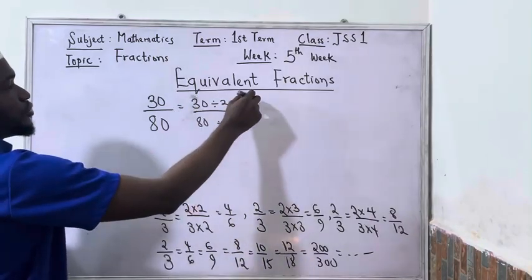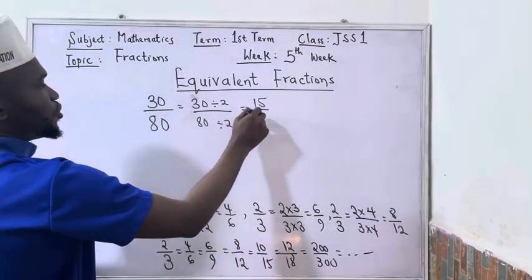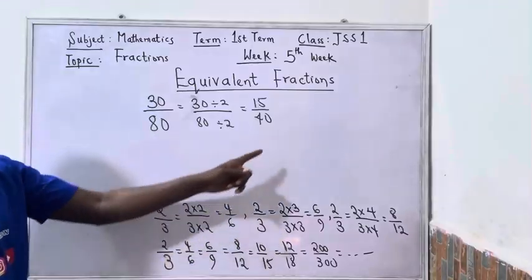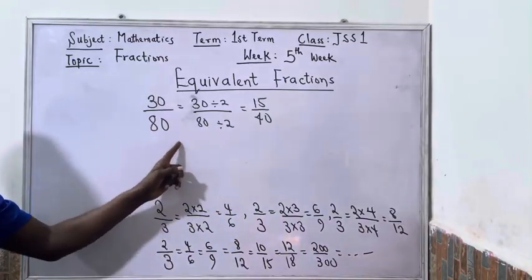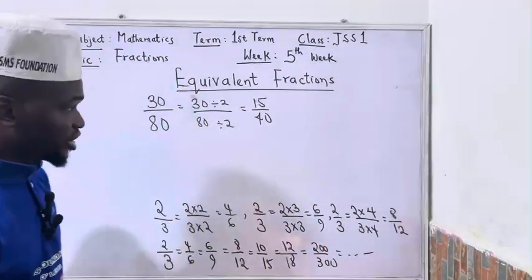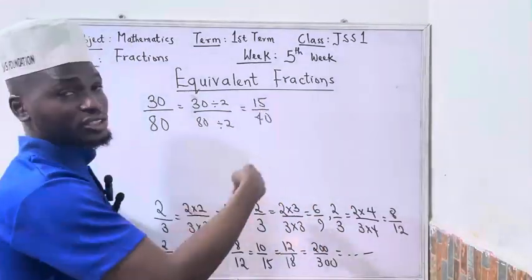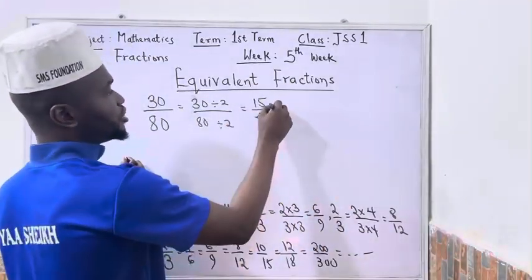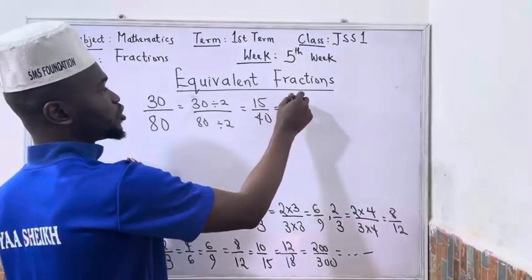This will give me 15 over 40. So 15 over 40 is also equivalent to 30 over 80. They are equivalent fractions. I can still decide to go more, probably by dividing the top and bottom by 5.